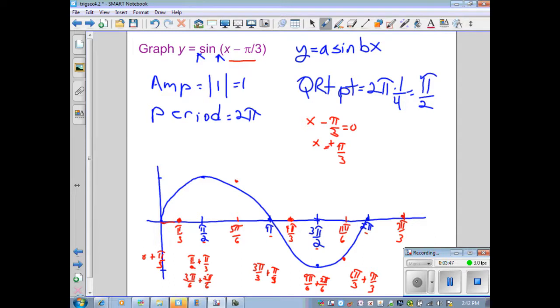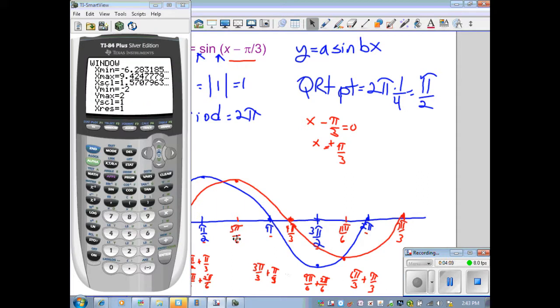And then I generate a smooth curve through those red dots. So the red line is the sine function shifted by a unit of pi thirds to the right.